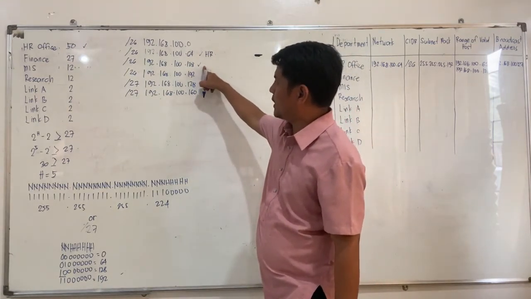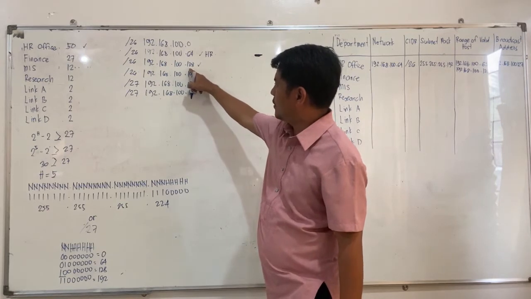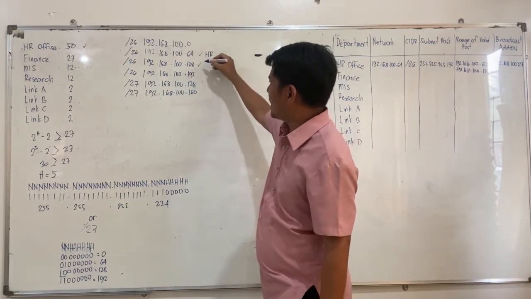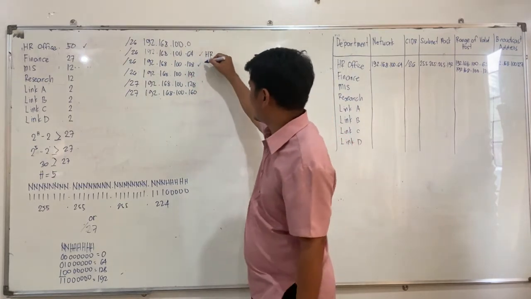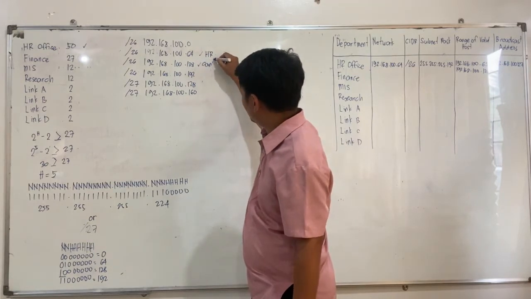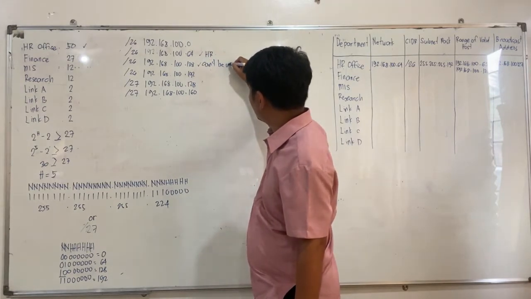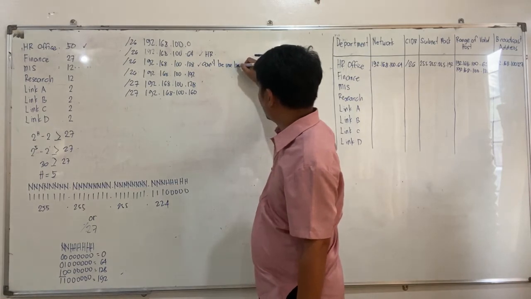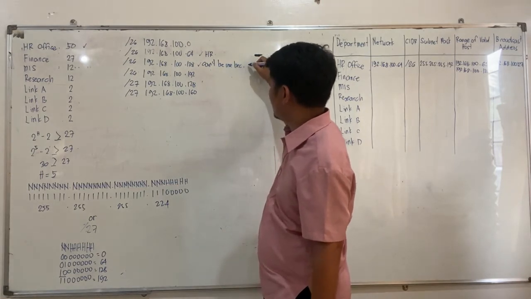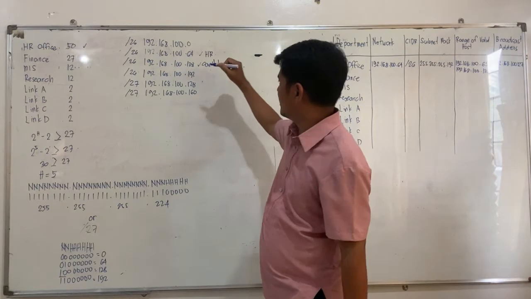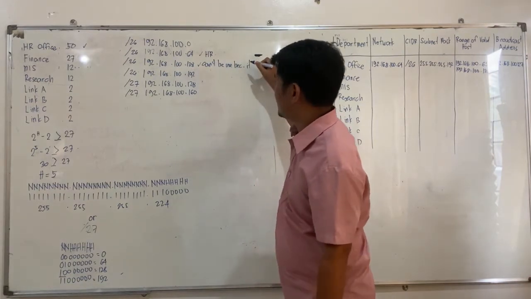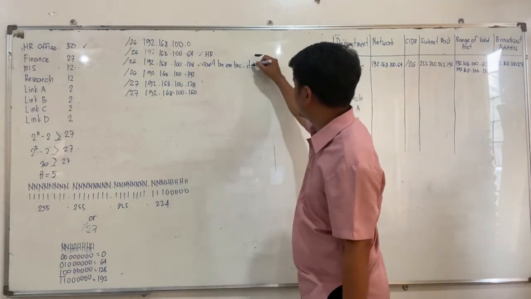Okay, this slash 26 for that 128 cannot be used already. It can't be used because this is already a subnetted network.